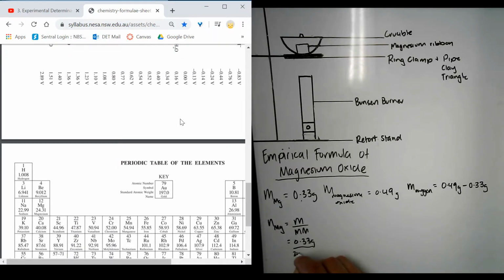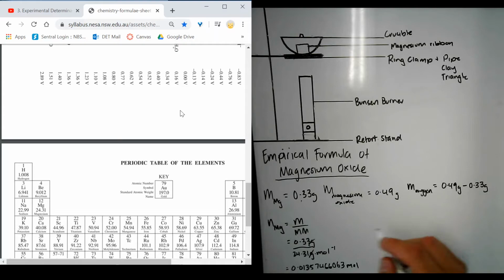It's 24.31, close. 24.31 grams per mole. I'm going to stick that into my calculator, and the number of moles of magnesium that we get is 0.33 divided by 24.31, which is 0.01357466063 moles, because grams and grams cancel, divide by inverse moles, you get moles.